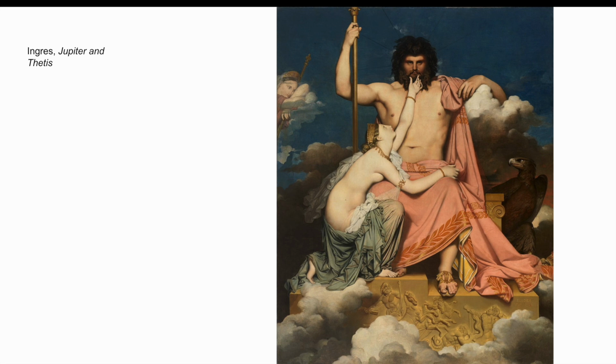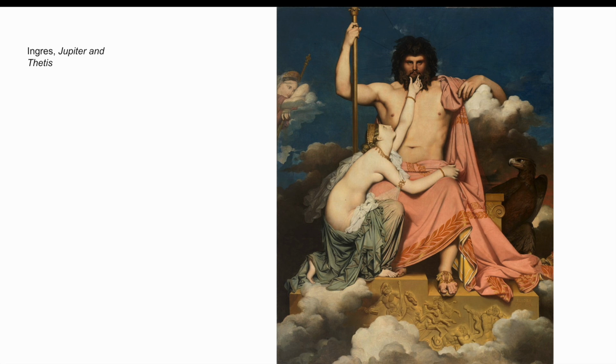Here we are, Ingres. This is Jupiter and Thetis. So, yes, these are Jupiter and Thetis, Zeus and his wife. Allegorical figures, yes, they're mythological figures, but look at Zeus. He is just grumpy. He's very strong compositionally, horizontal, vertical, very solid, and Thetis is just draped over him.